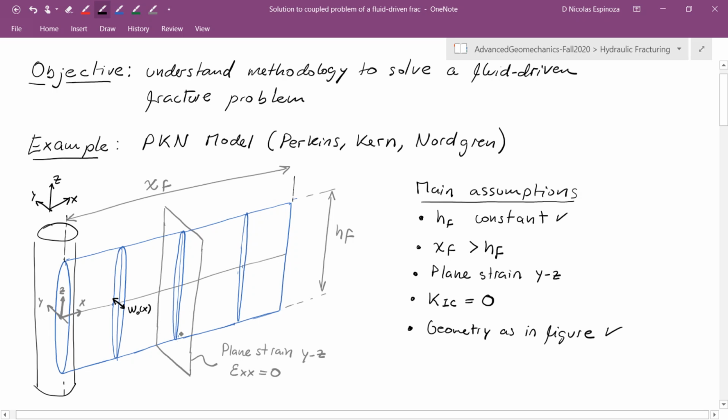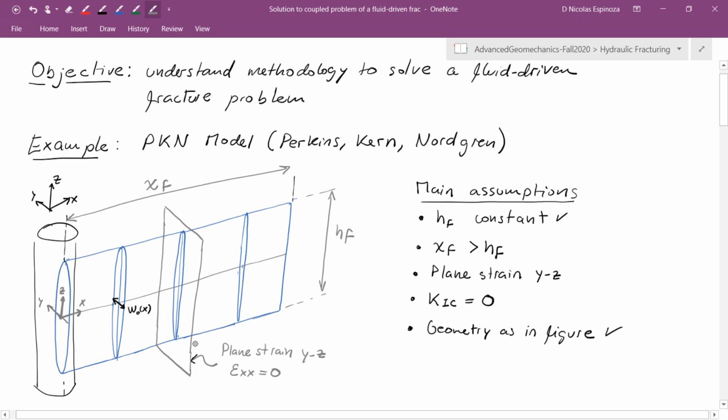The plane YZ is, as we said before, going to be the plane of plane strain, and we're going to see that that's going to make our life quite easy because it's going to allow us to obtain the analytical solutions of fracture deformation for this plane.